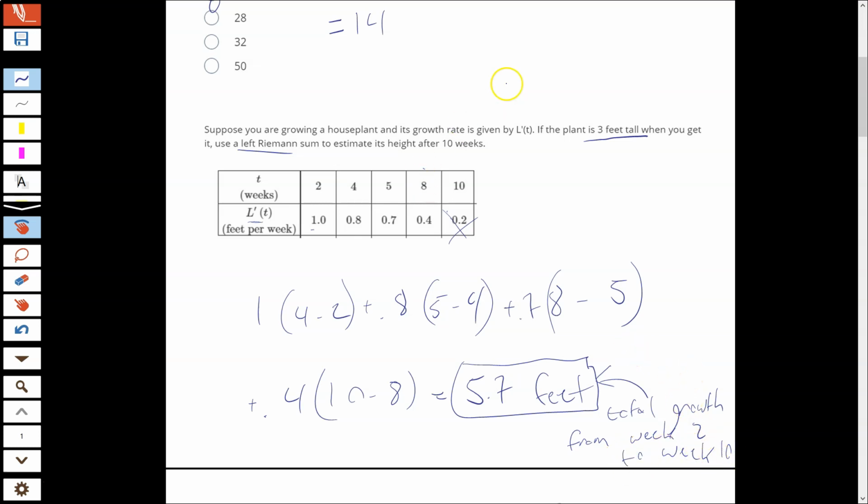Okay, so what I need to do to get my final answer for this particular problem, because it wants the height and not the total change, so I need to take my starting height and add the growth. So 8.7 feet is my solution here.